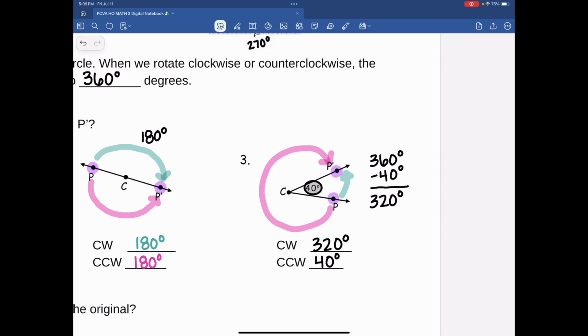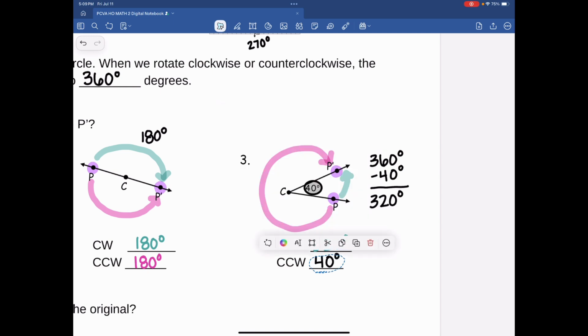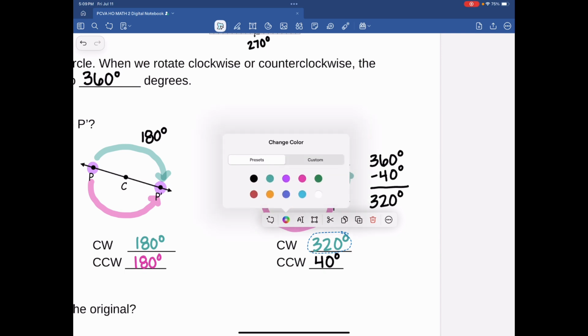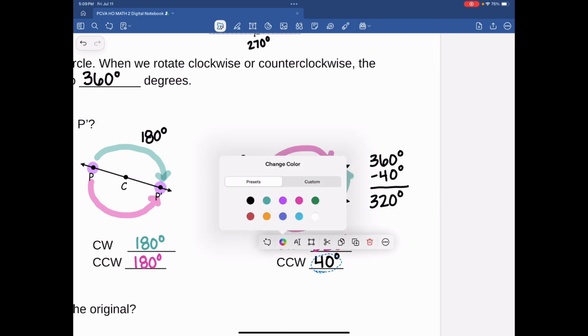So just keep in mind that rule is going to be helpful for you later, especially when we're talking about rotations, and then we start talking about angles. All of these things are going to start kind of flowing together, especially into our next unit.